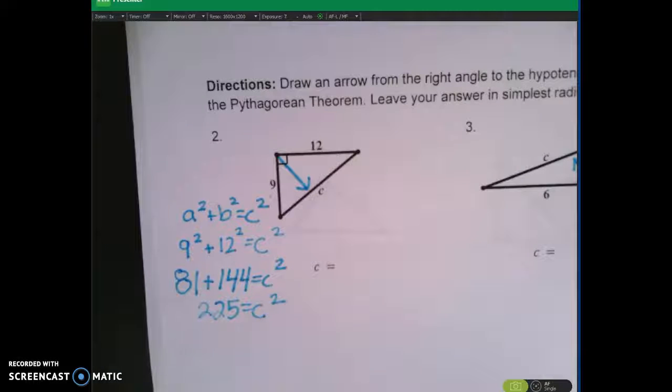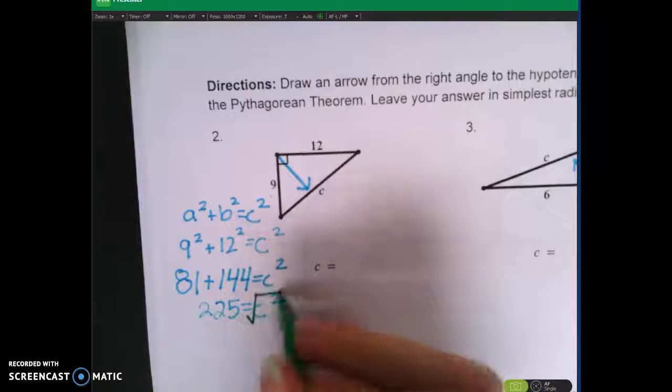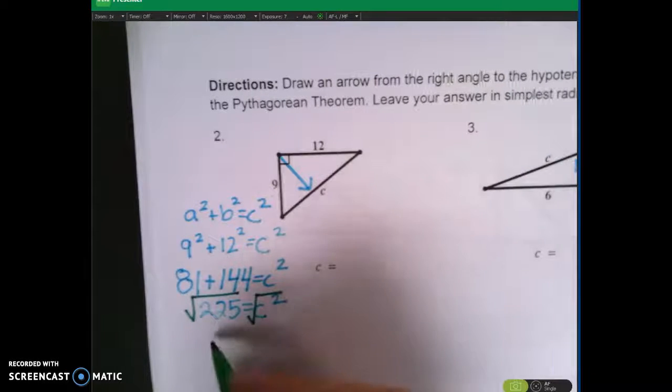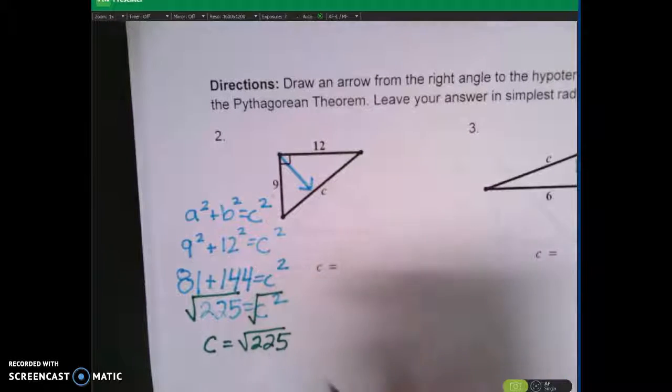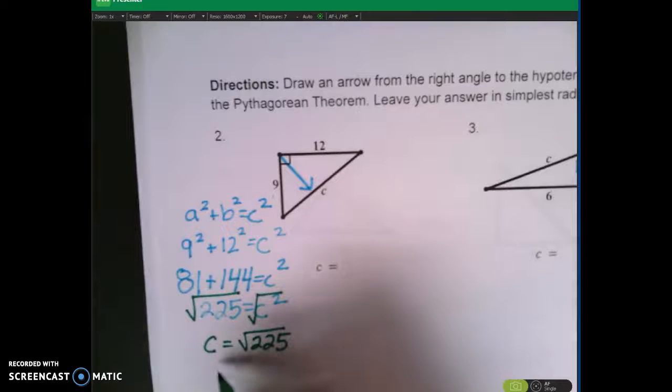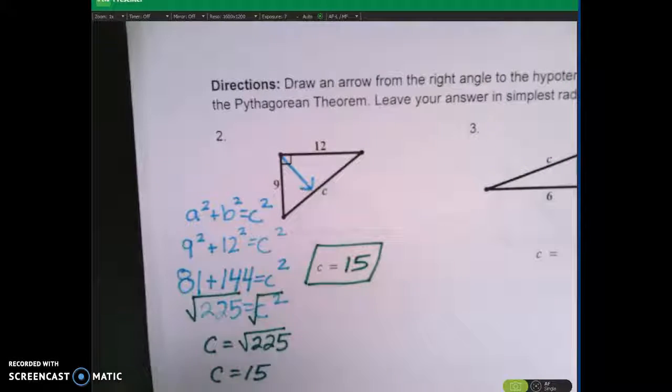But I don't want to know what c squared is, I want to know what c is. How do I undo squaring? That's right, take the square root. So I know c is equal to the square root of 225, which if you have your perfect squares memorized, that is equal to 15. So c is equal to 15 here.